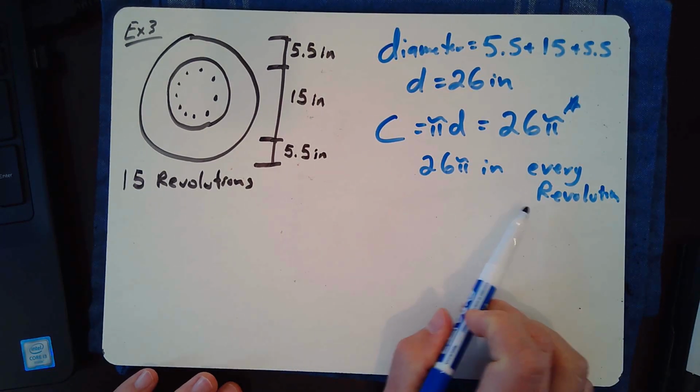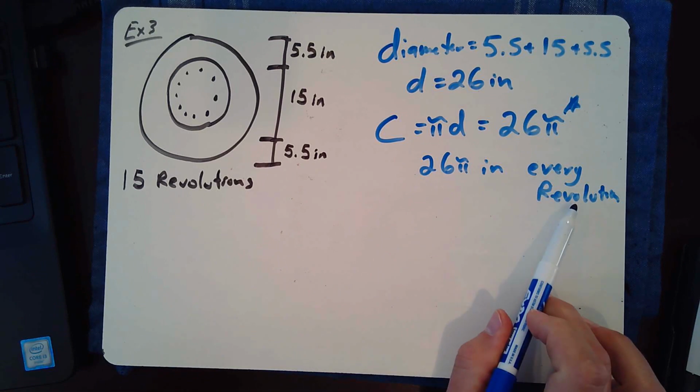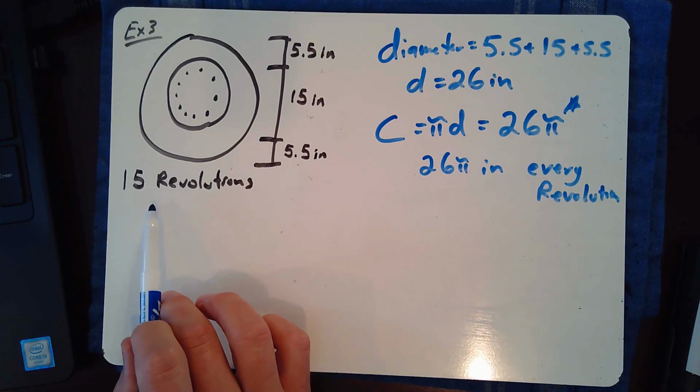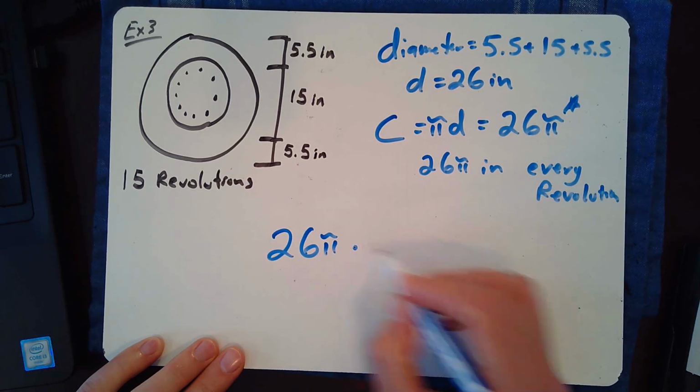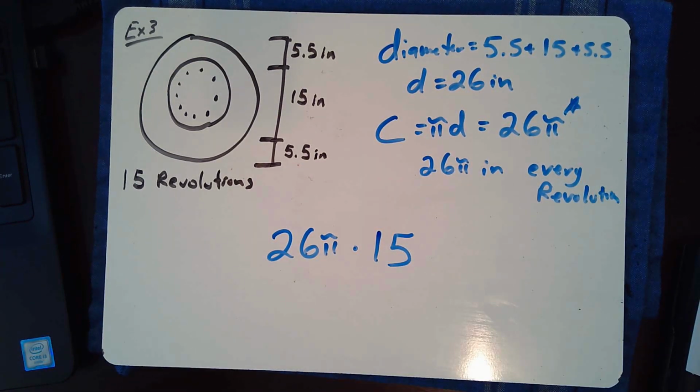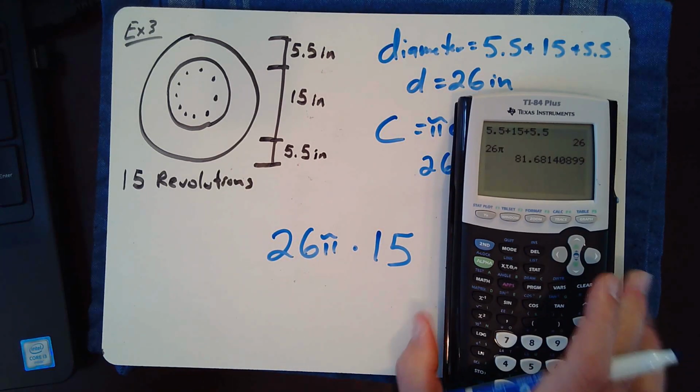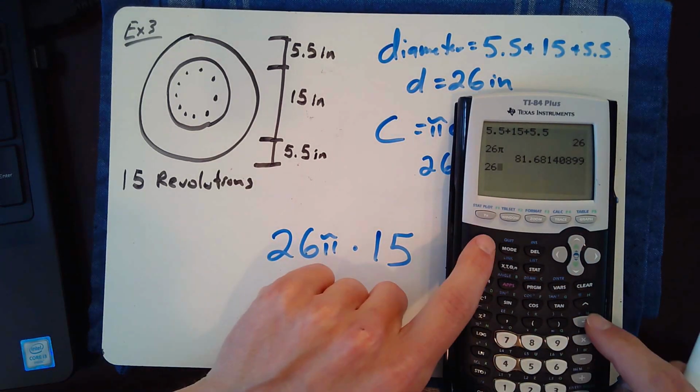Okay? Well, if it travels that far every revolution and there's 15 revolutions, you're just going to do 26 pi times 15. Great. Now that will tell me my total distance.